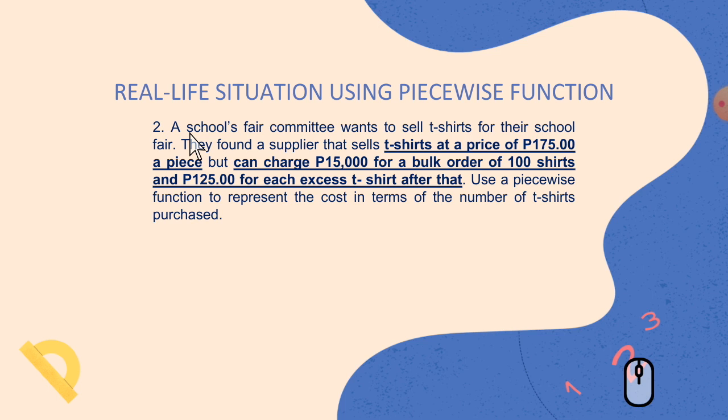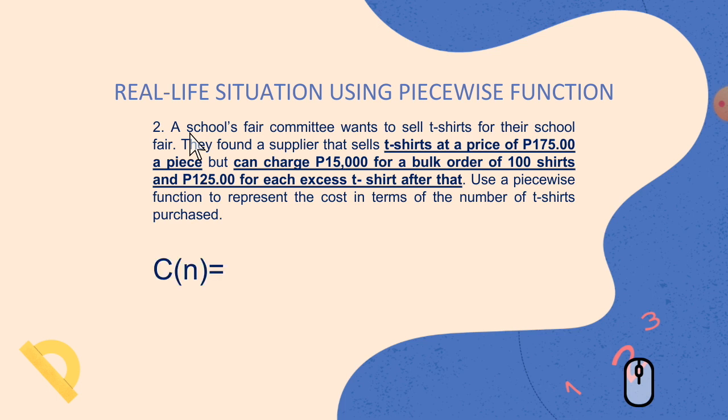And then the last condition, kapag sumobra ka naman sa 100 na piraso ng damit, ay magkakaroon ka ng babayaran na dagdag, which is 125 pesos kada isang t-shirt kapag lumagpas ka. Ngayon, gagamitin daw natin ay piecewise function para malaman natin kung paano natin babayaran or ano yung mga condition.